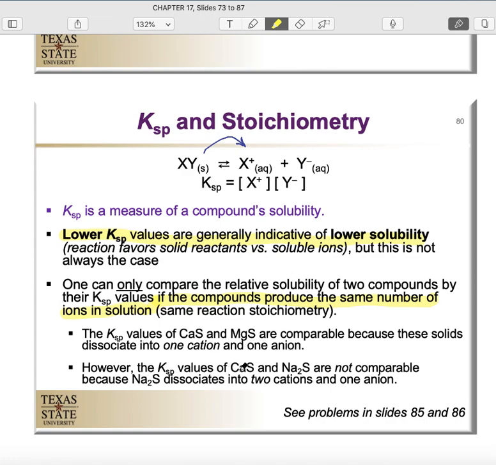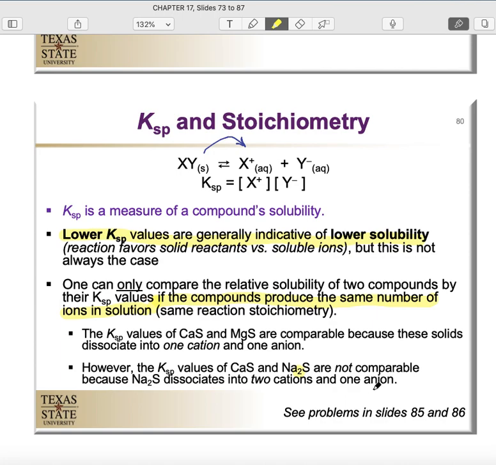However, here this other example, calcium sulfide versus sodium sulfide. Notice that this one would separate into one calcium and one sulfide, while this one would separate into two sodiums and one sulfide. So for this scenario where you have a different number of ions, because of that too, we cannot compare the solubilities just by looking at the Ksp.